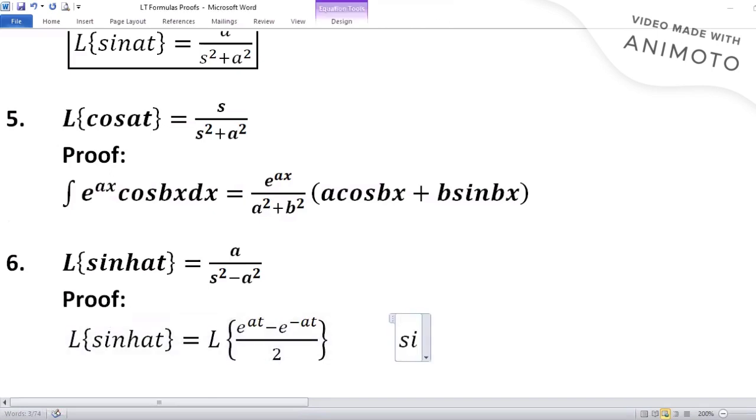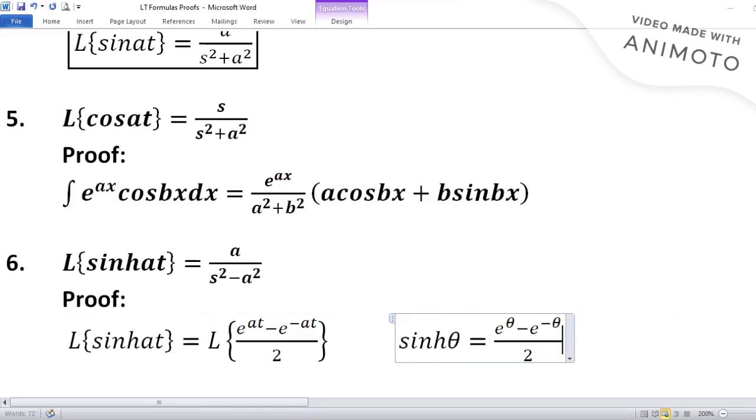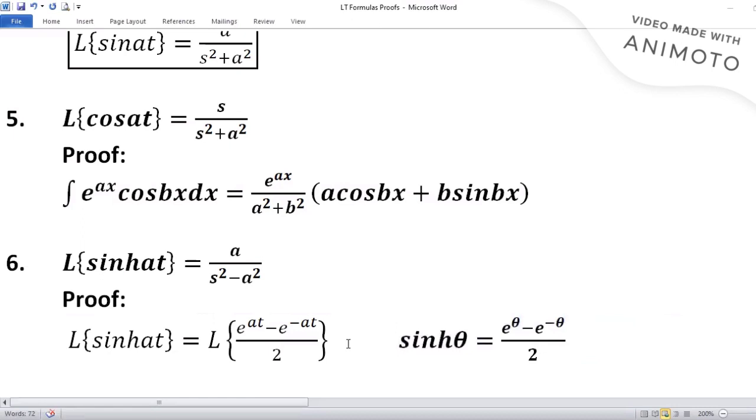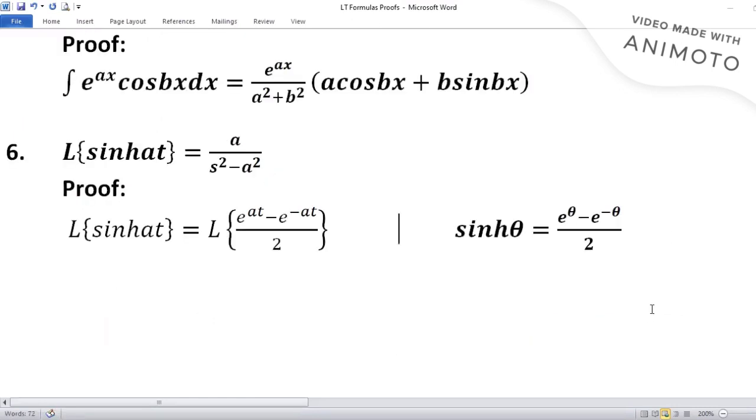I'll write here sinh theta's formula. It is equal to e raised to theta minus e raised to minus theta upon 2. This is the sinh conversion, from trigonometry, Euler's formulas. So we use that over here.